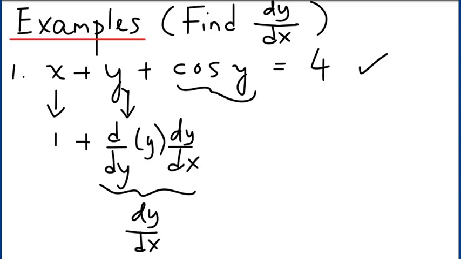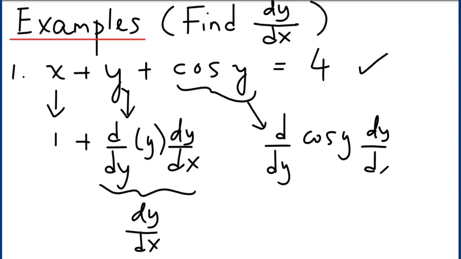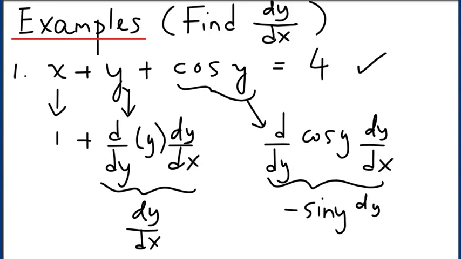And the third term here, you do the same. Chain rule, d/dy of cosine y times dy/dx, which will give you minus sine y dy/dx. And of course the right hand side is 0, because the differentiation of 4, which is a constant, with respect to x is 0.